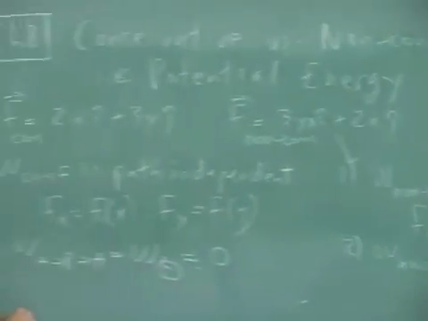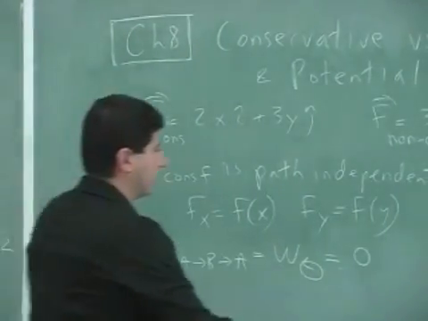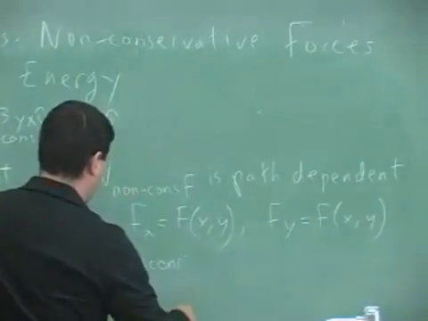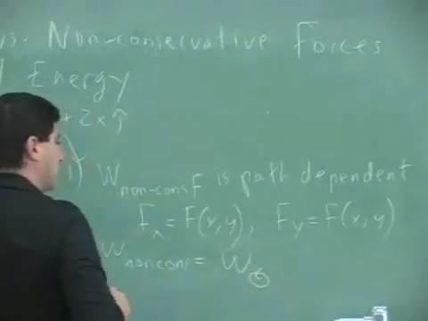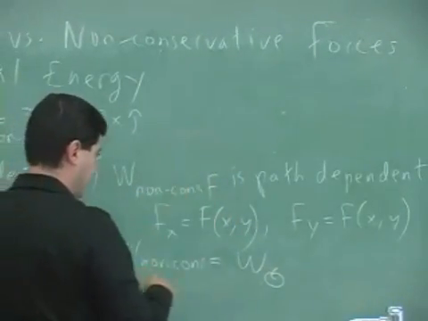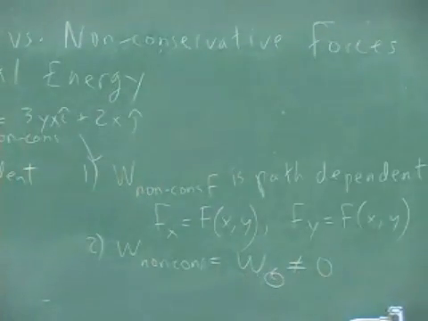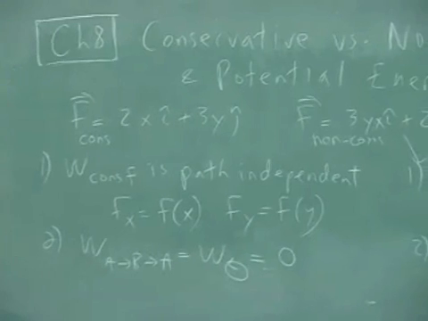So work by non-conservative is not 0. Let me write it this way. Work by non-conservative, which equals work across the whole complete path, is not equal to 0 for a non-conservative force. For a conservative force, it is equal to 0.